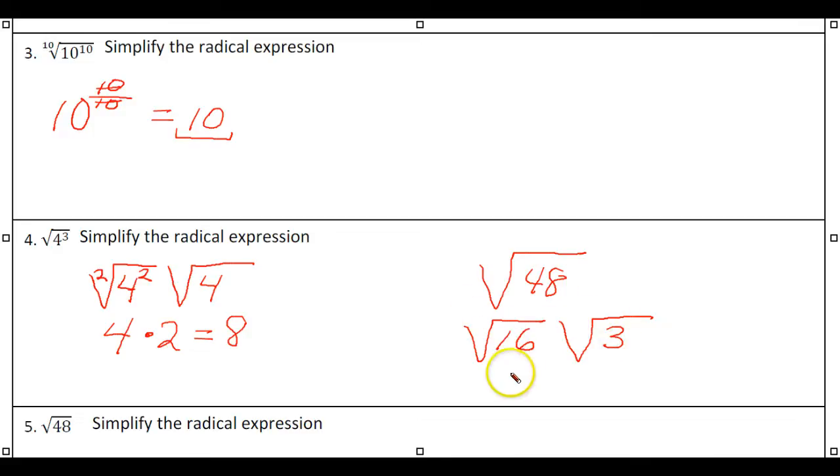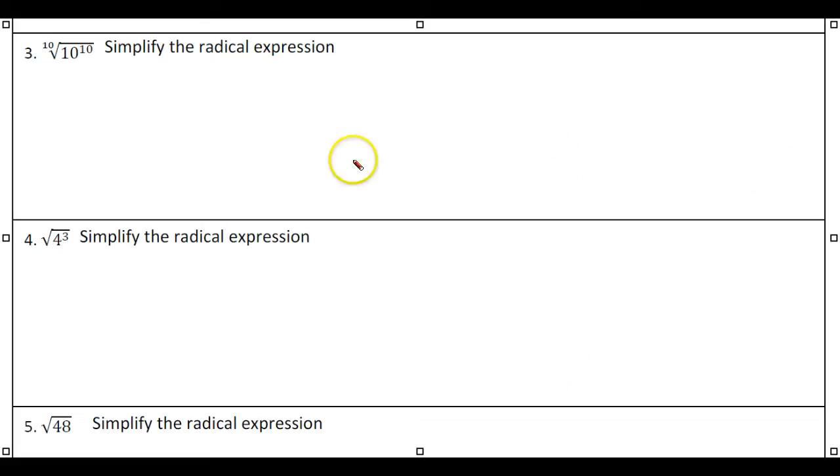And the square root of 16, we recall, is 4, the square root of 3. Before we leave this page, we might also mention that if we were to expand 4 to the 3rd power, we get 64. And then the square root of 64 is 8. So I showed you, in a sense, 2 ways to do this.